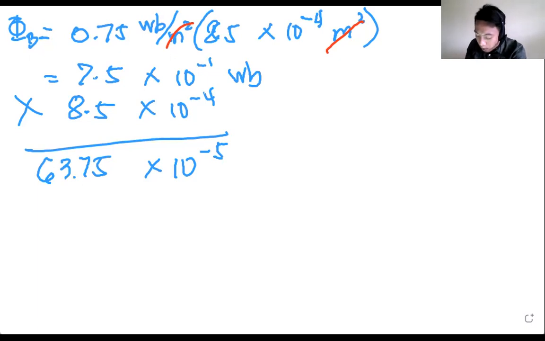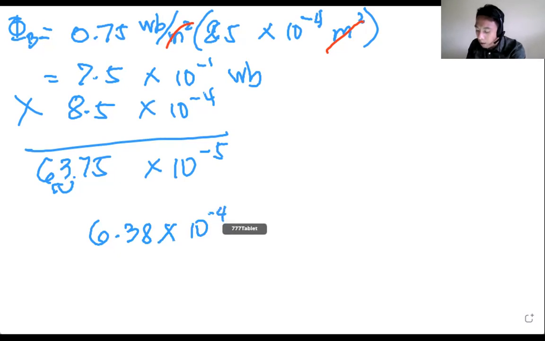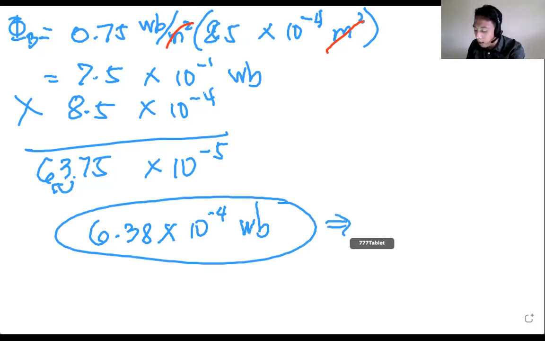So we put the point here and it becomes 6.375, or 6.38 rounded off, multiplied by 10 and then plus 1. So we have negative 4 Weber. And this will be our magnetic flux in that event.